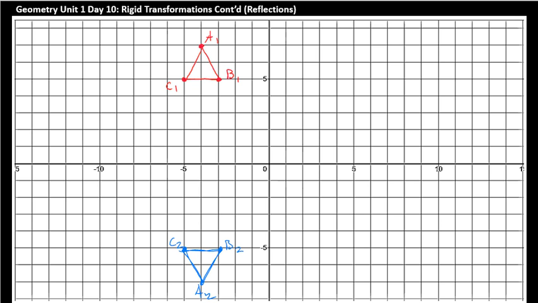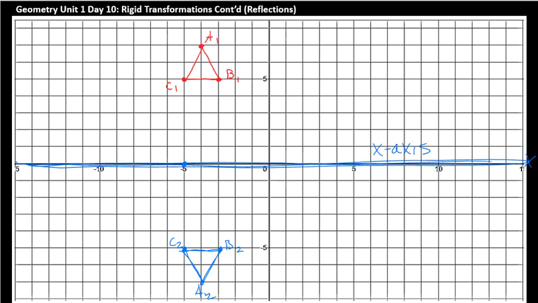And all it amounts to is I counted my distances. My line of reflection, forgot to mention that, in this case was across the x-axis. And all that means is that's where my image is being quote-unquote mirrored.